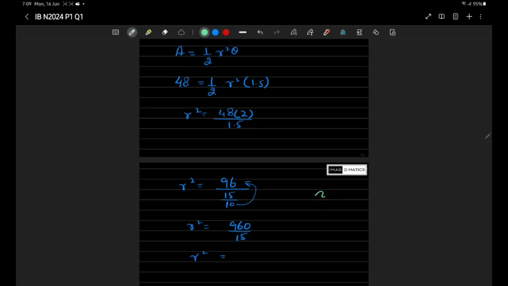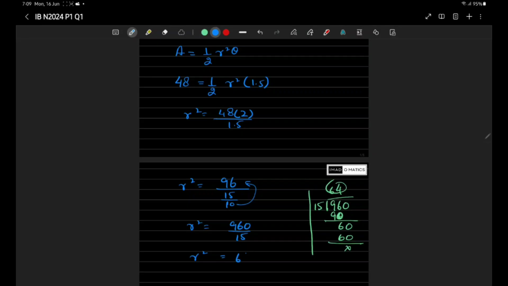Let's do some rough work for your clarity. 960 divided by 15, and we got the answer.